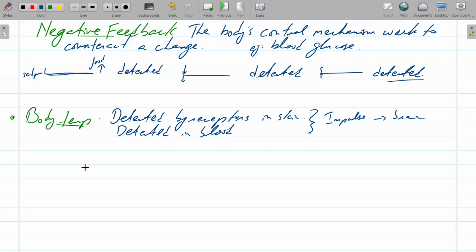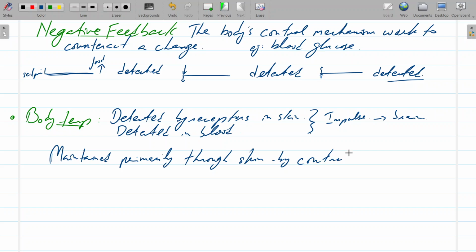And so body temperature is maintained primarily through the skin, by controlling blood flow, because heat is carried in the blood.